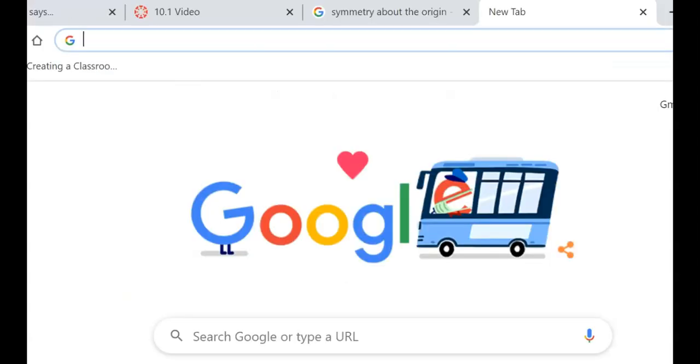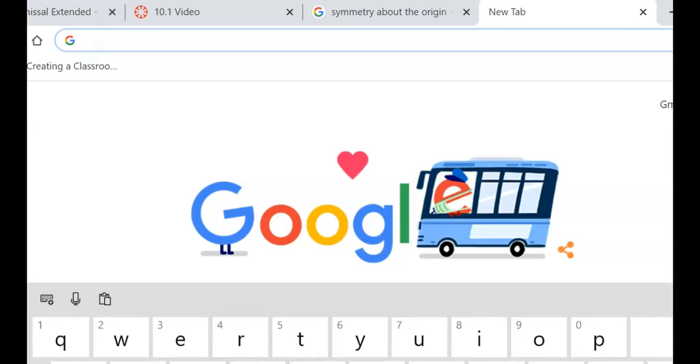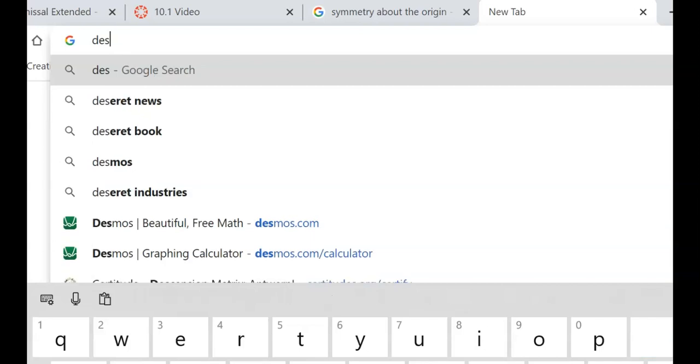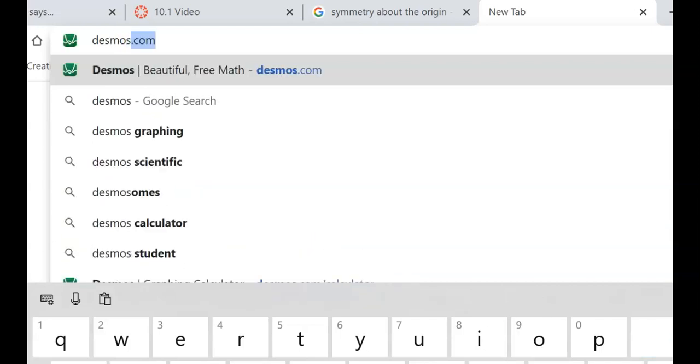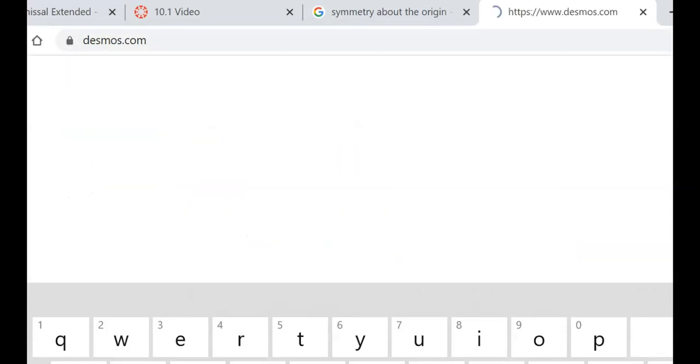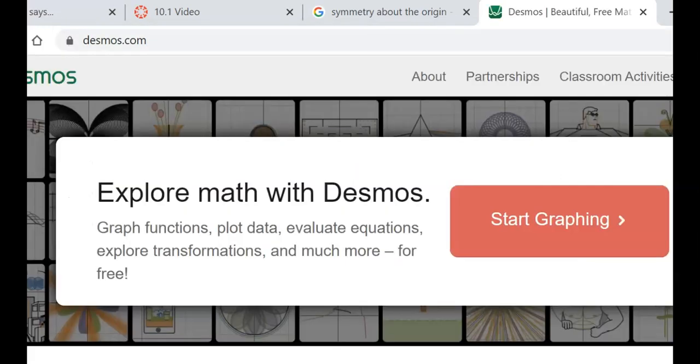So if you open up a new tab on your Windows browser, you can type in Desmos.com, and it brings us to this window here, and we can say, okay, start graphing.